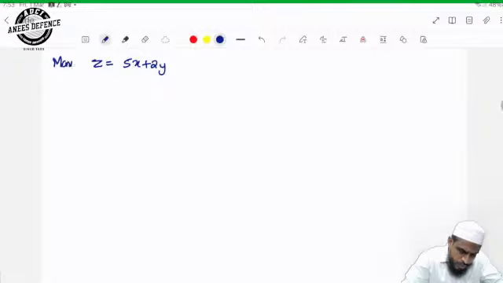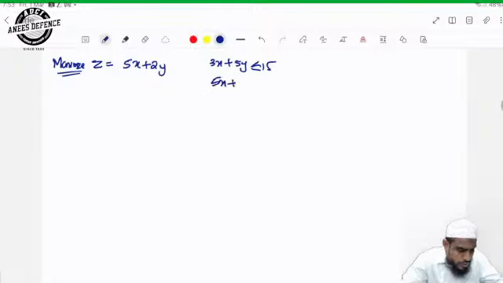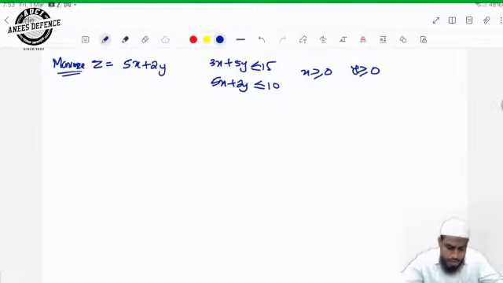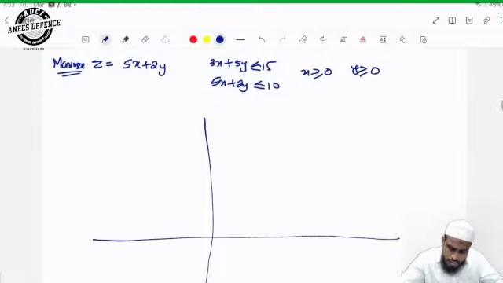We have to maximize z. You have constraints: 3x plus 5y less than or equal to 15, 5x plus 2y less than or equal to 10, x greater than or equal to 0, y greater than or equal to 0. The same procedure can be applied here, and finally you will get a graph like this.